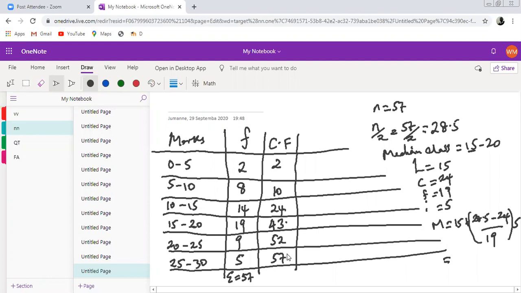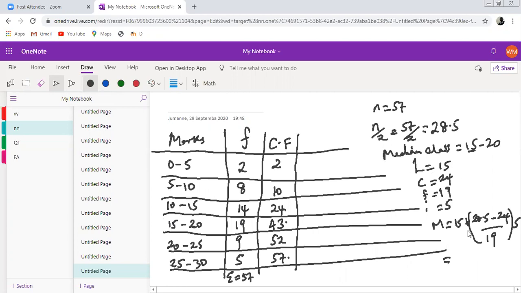Divide by 2, so that you can know where the median will lie. If we calculate this median, you are going to find it is going to be a value between 15 and 20. It cannot be outside that because it is our median class.